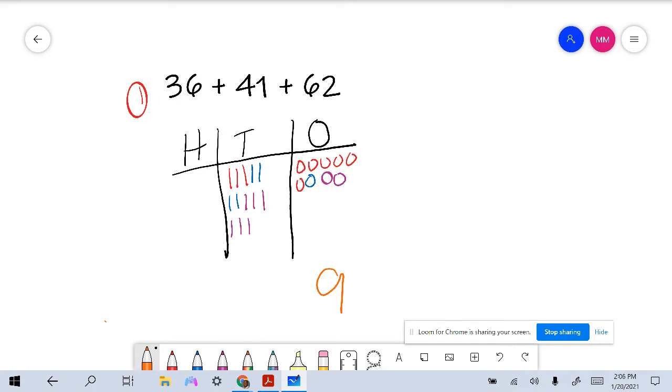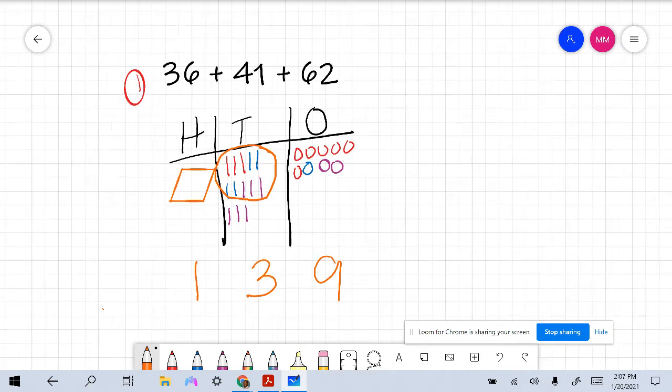Well, 10 10s gives me a group of 100. So now I have 3 10s left over and 100. My answer for 36 plus 41 plus 62 equals 139.